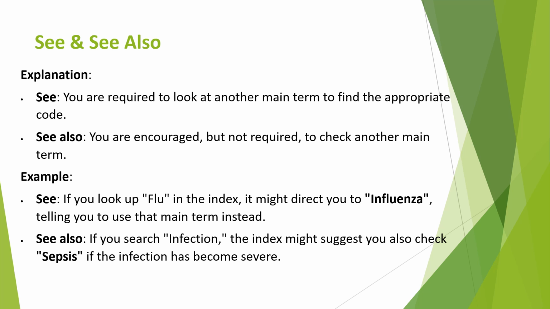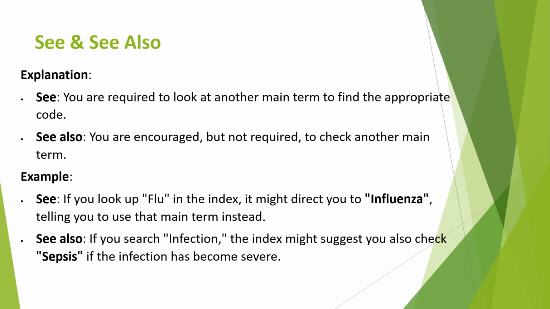For example, if you look up flu in the index, it might direct you to influenza. Here flu is not a main term, so you cannot take the appropriate code from the flu section. Instead, we have to go to the influenza term and take the appropriate code from there. So that is the meaning of See.